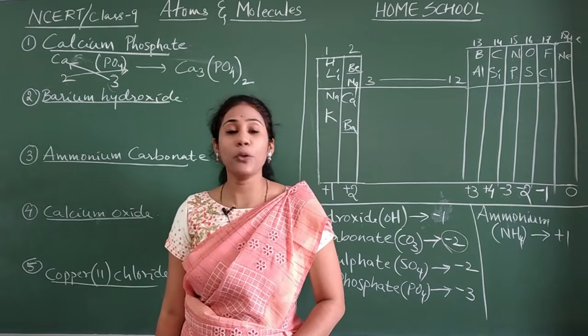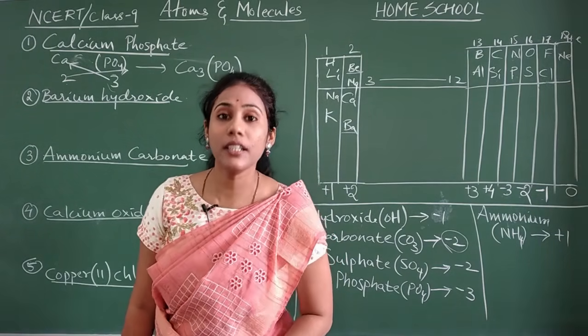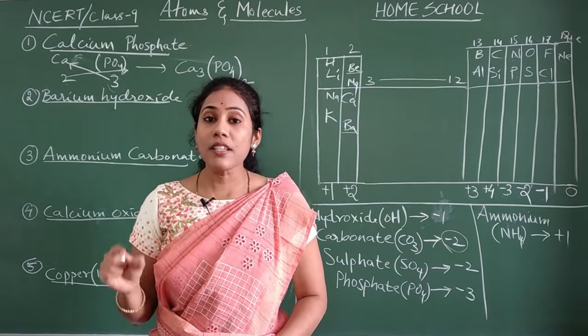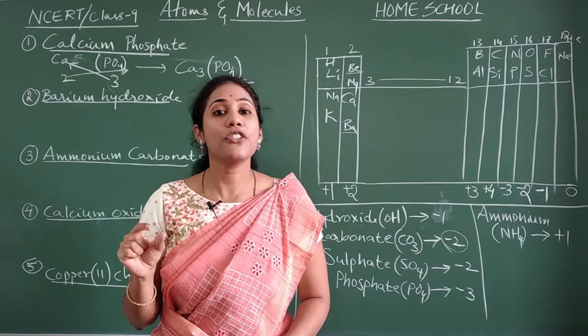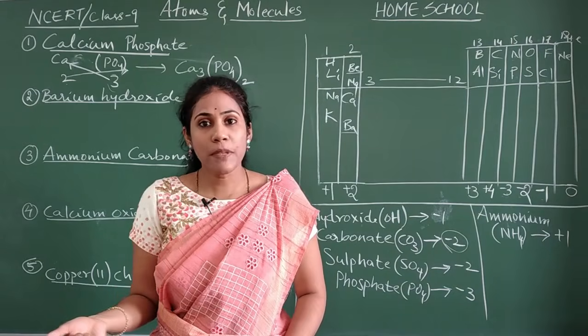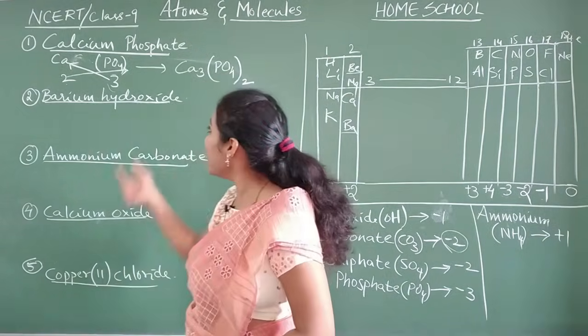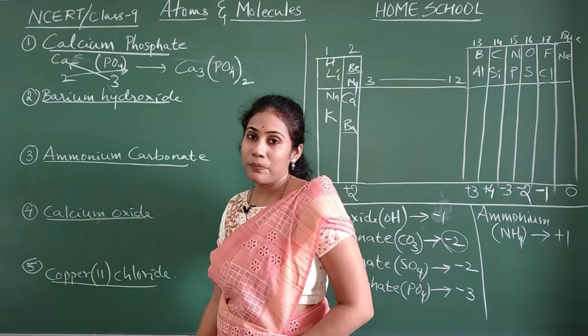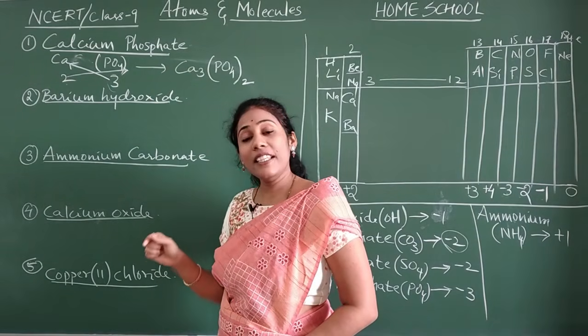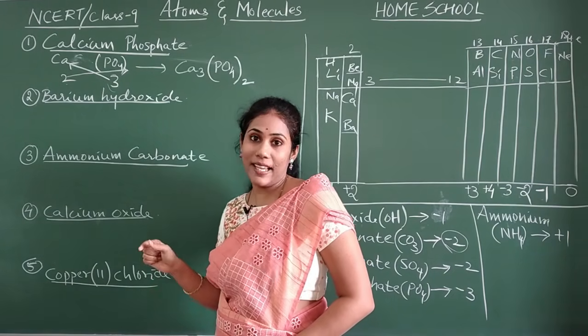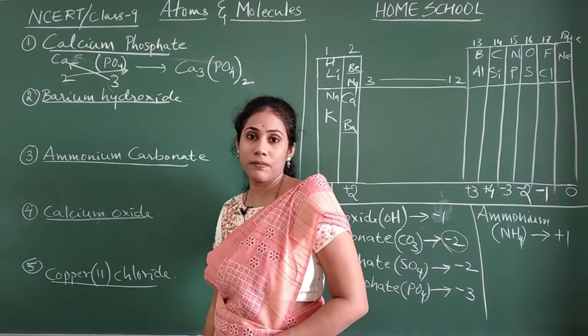It is because our teeth and bones are made up of calcium phosphate. Calcium is not present in a single form. It is present in combination with phosphate. So calcium is there in the form of calcium phosphate in our teeth and bones.